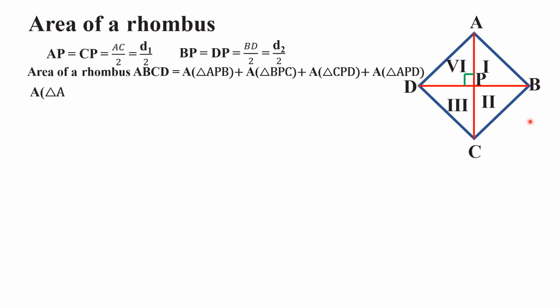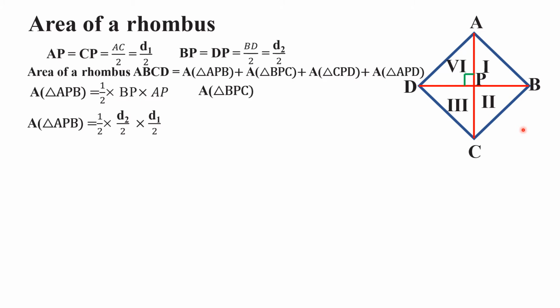So area of triangle APB is equal to half into BP into AP. Now substitute the values of AP and BP in terms of diagonal 1 and diagonal 2. Area of triangle APB is equal to half into D2 upon 2 into D1 upon 2.